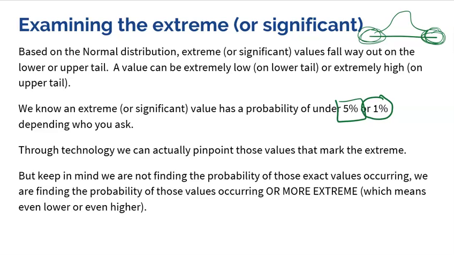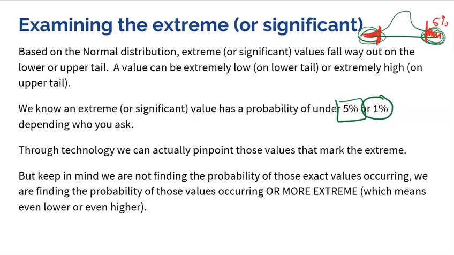So when we talk about a value being right here, extremely low, and we talk about that 1% probability, we actually mean 1% or more extreme. We're talking about 1% even lower than that value. Or if we want to go with 5%, and we're talking about that extreme significant top value, we're talking about any value in that top 5%.